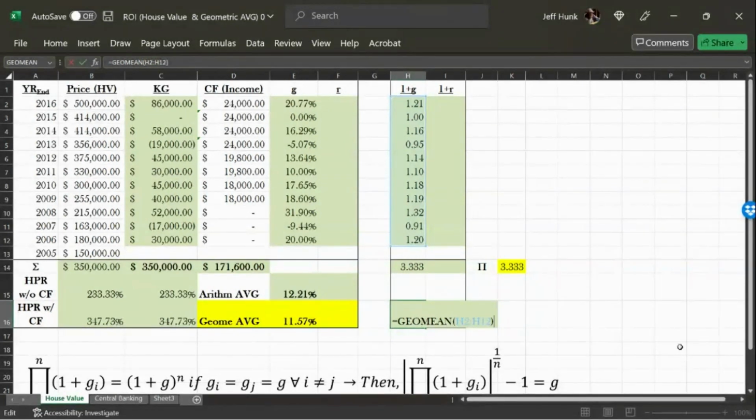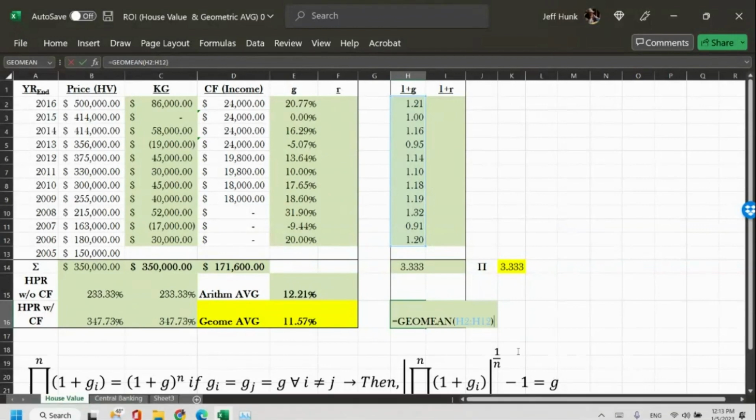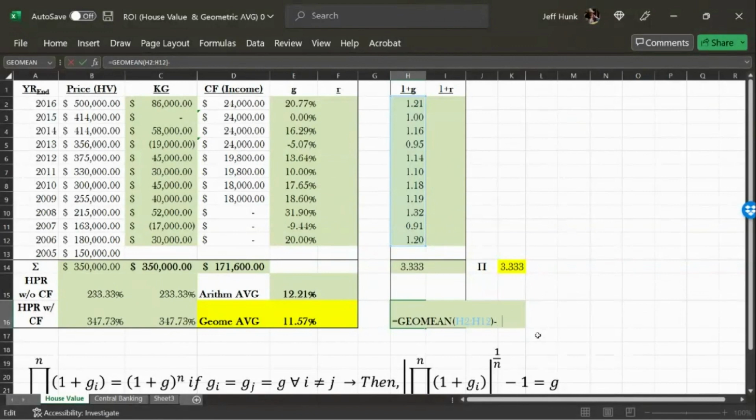Hello? Yeah, go ahead. I guess you're still having a minus 1. Okay, you got the same result, right? You're getting the same result.